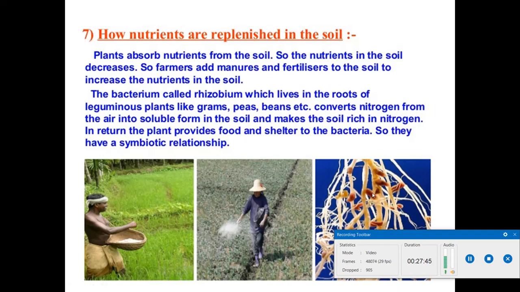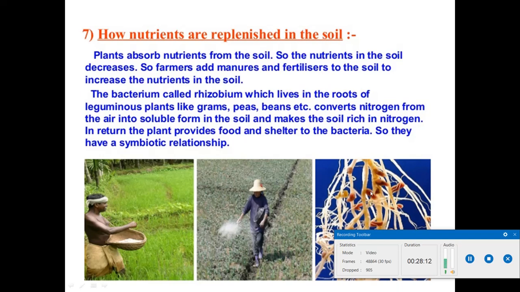And this rhizobium bacteria has a capacity to convert gaseous nitrogen into the soluble form of nitrogen in the soil. So it absorbs the nitrogen from the air and converts it into the soluble, simple form of nitrogen in the soil.